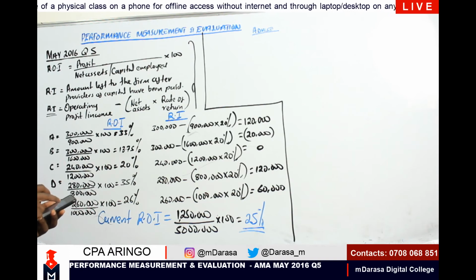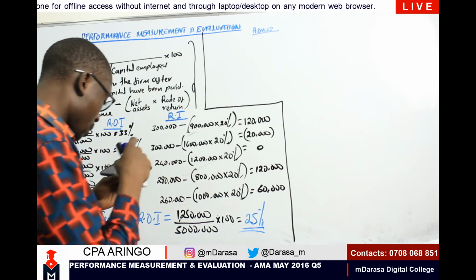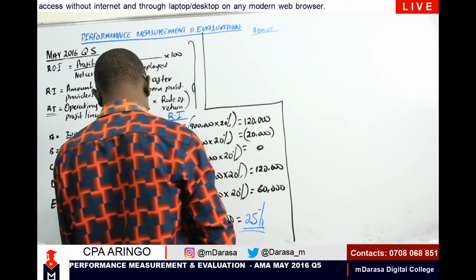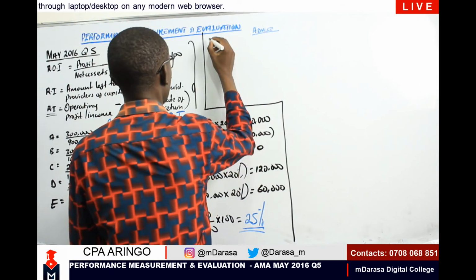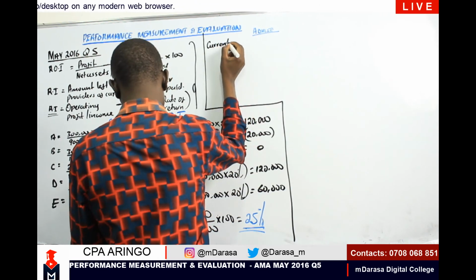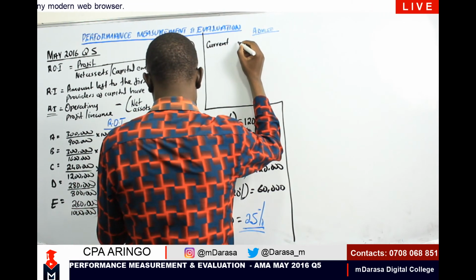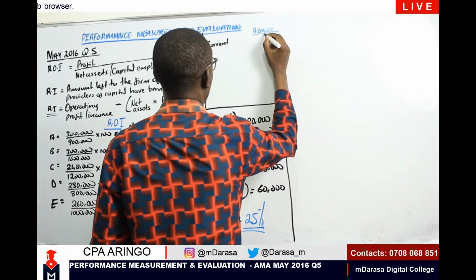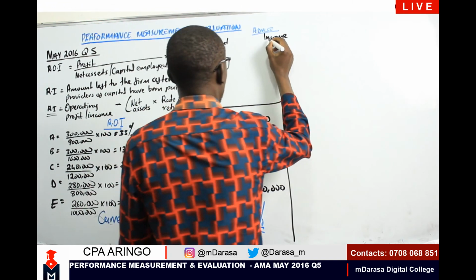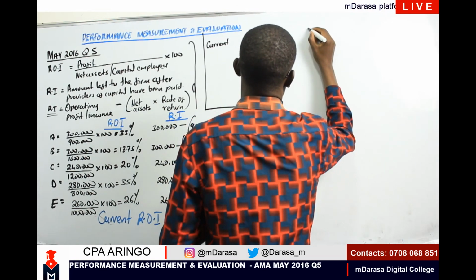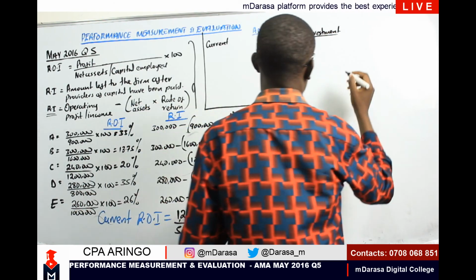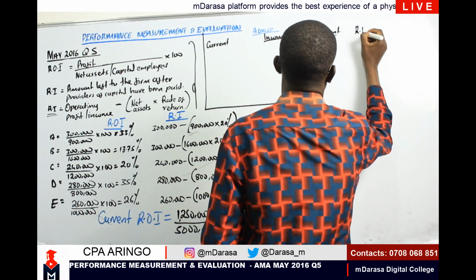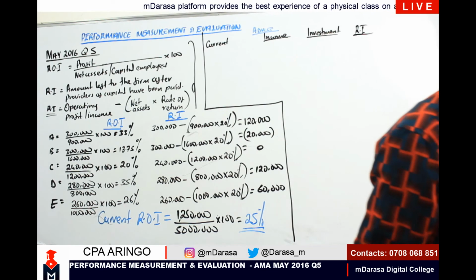This is what you are going to talk about: our current income, our investment, and in this case our residual income. Currently we are talking of the three main elements.